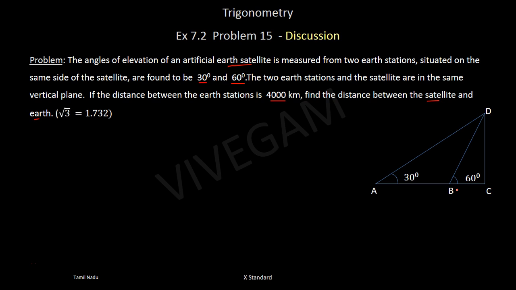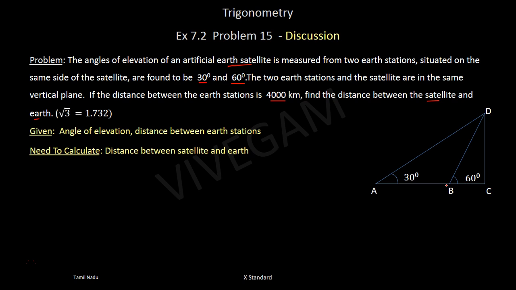So let's list what is given in the problem. The angle of elevation is given, that is 30 degrees and 60 degrees. Next, the distance between Earth stations is given, that is AB is 4000 kilometers. We need to calculate the distance between the satellite and the Earth, that is, the height basically. That is CD we need to calculate.